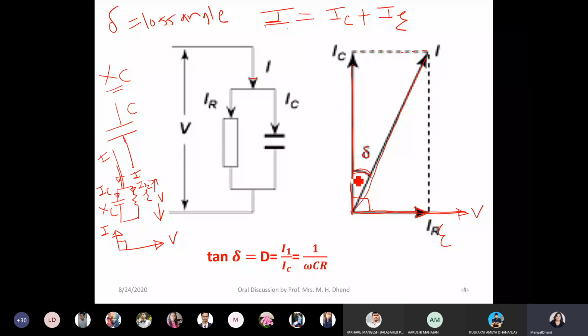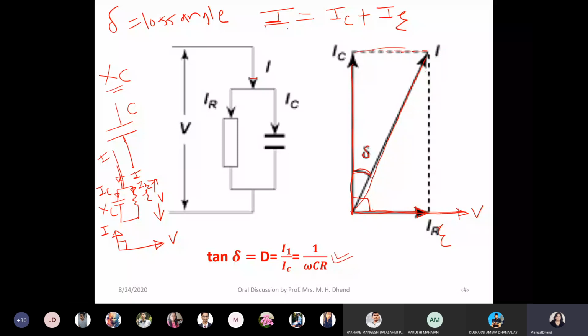So what will be tan delta? Tan delta is sin delta upon cos delta. Here tan delta will be equal to IR upon IC.